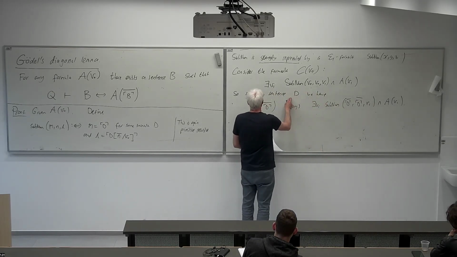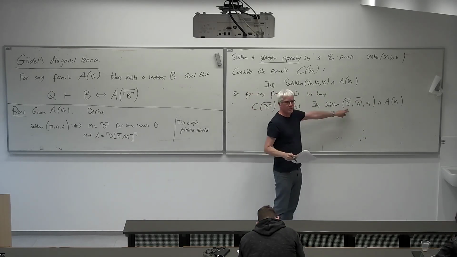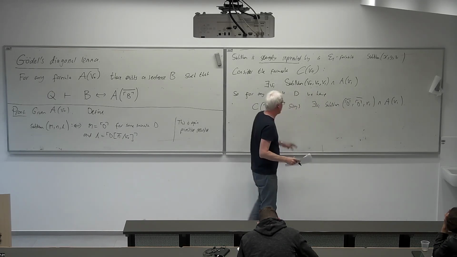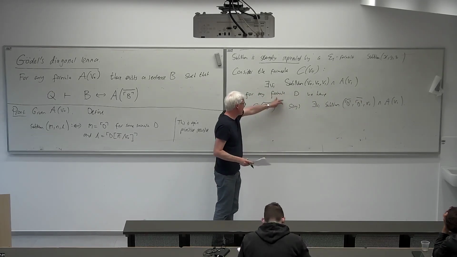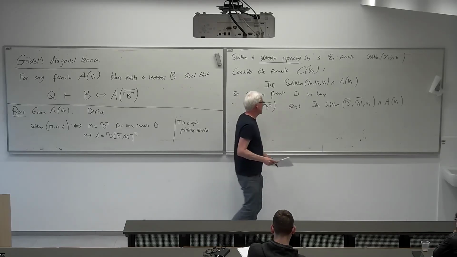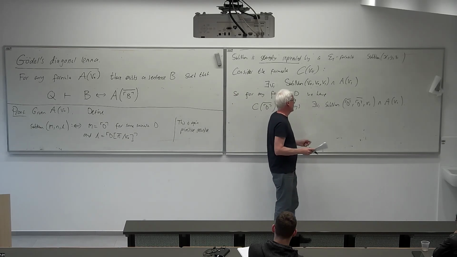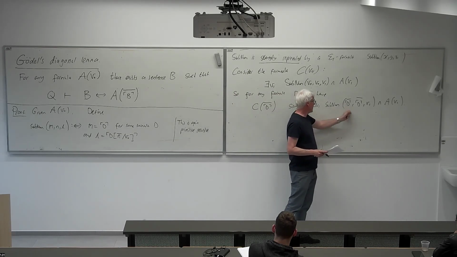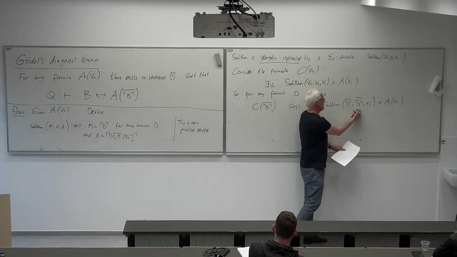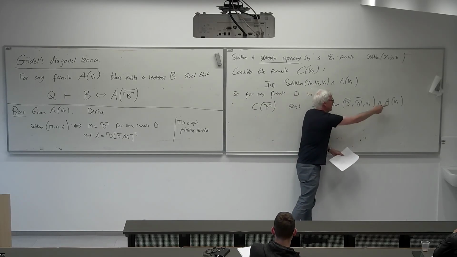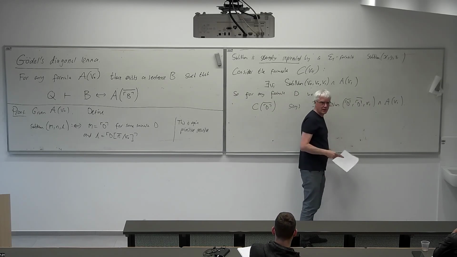We don't want a sentence; we allow ourselves to substitute the variable v0. Sorry, I was completely wrong about wanting a sentence here. So C of D says that for the formula D, if we substitute its own code for the variable v0, A holds for the code of that substituted formula.